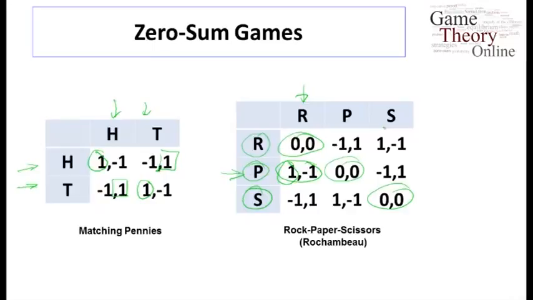You can represent it here. Again, it's a game where one player wins, the other player loses. So there's a positive payoff for one player, a negative one for the other, and they balance out and sum to 0. Rock, paper, scissors, also known as Rochambeau, a very simple and classical game.